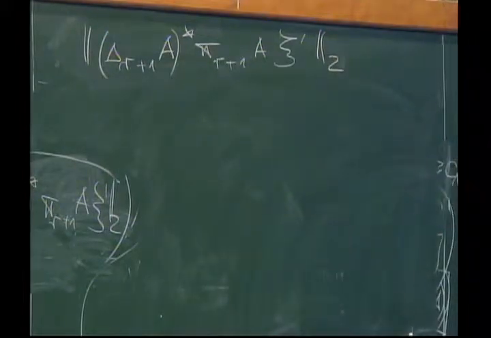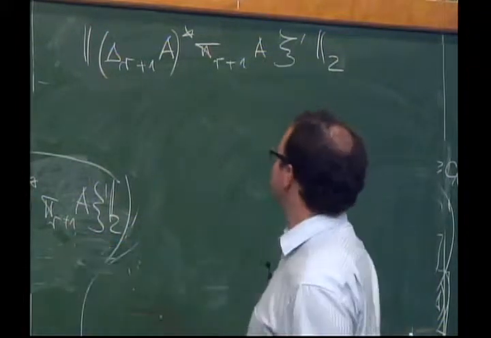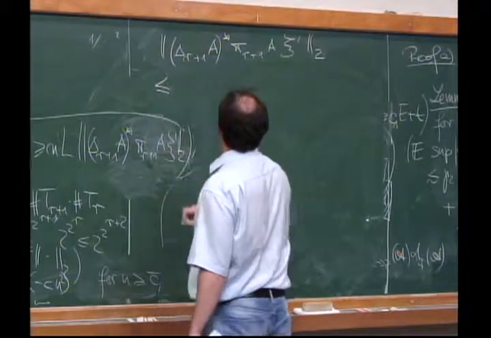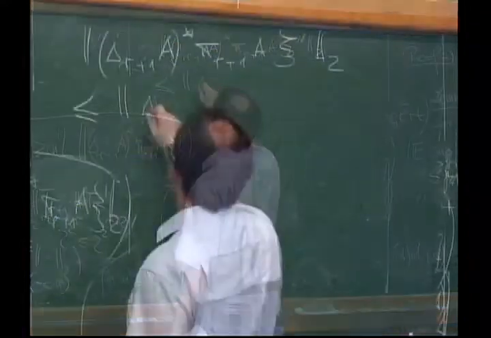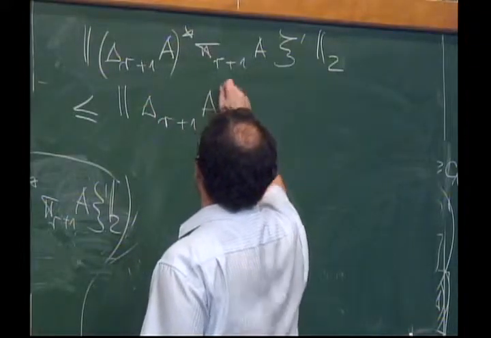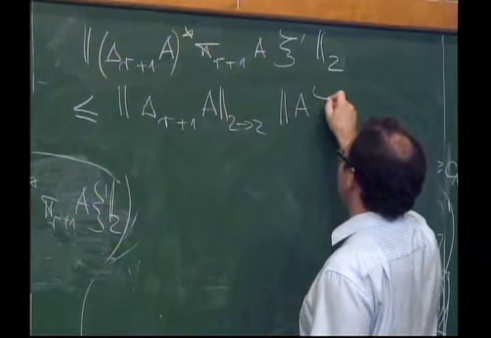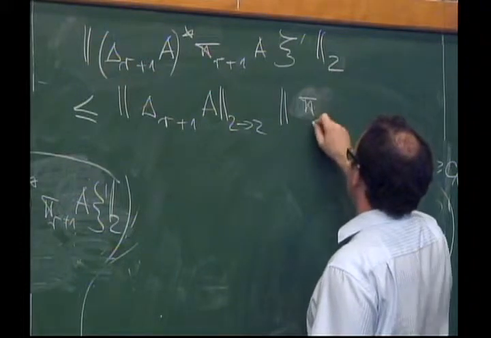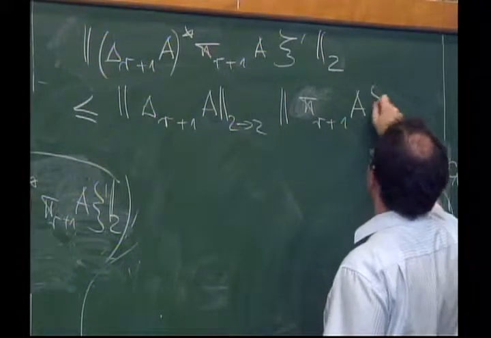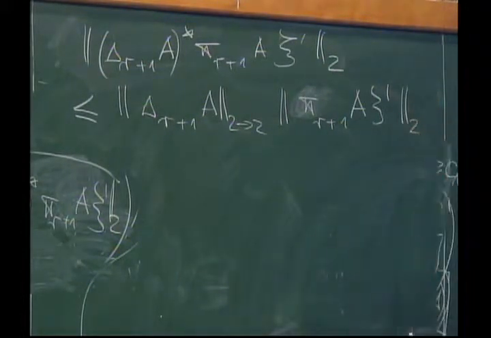So let's look at this term, which appears here. So we can bound this by delta R plus 1 A in the spectral norm times pi R plus 1 A xi prime in the 2 norm.